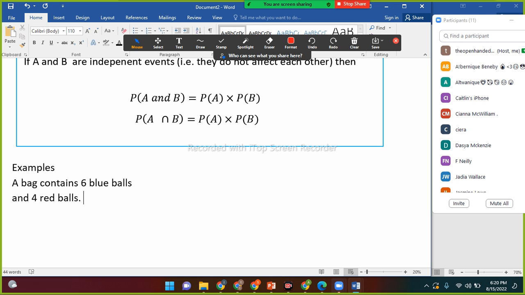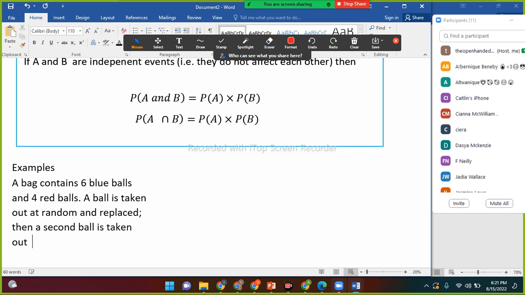So we have a bag and it contains 6 blue balls and 4 red balls inside this bag. Now, a ball is taken out at random and replaced. Then a second ball is taken out at random.